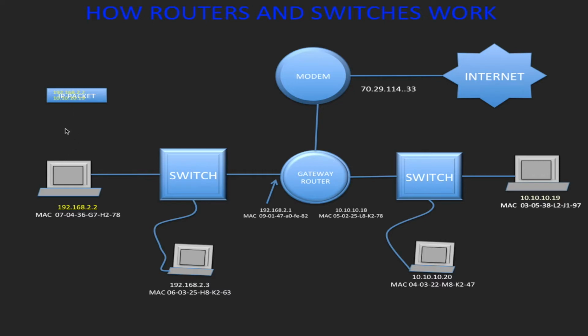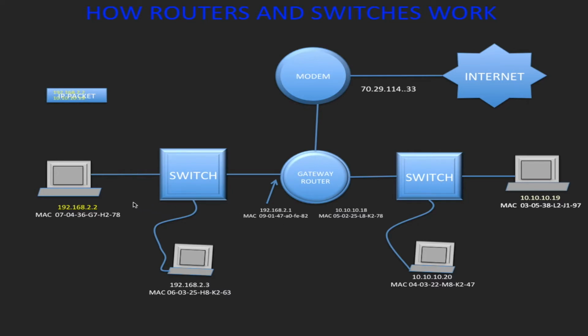Now there's one more thing that we have to do before we send that envelope off. We have to put it into another envelope, and this second envelope is going to have the MAC addresses. The MAC addresses for this computer and the MAC addresses for, we send it to this computer, but we're not going to use this MAC address. We use this IP address, yes, but we use the MAC address from the LAN. The source and destination MAC address, the destination is this MAC address.